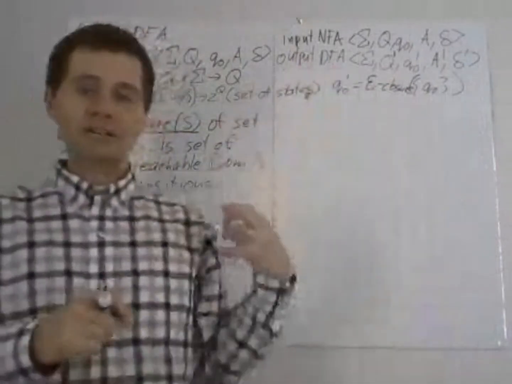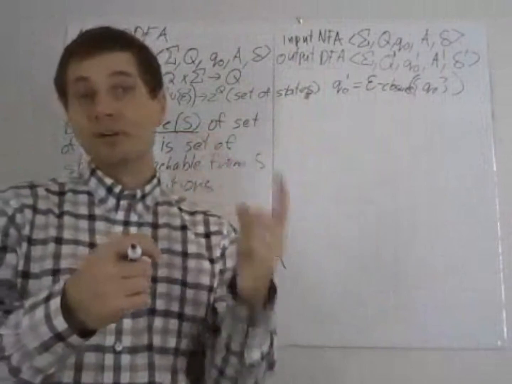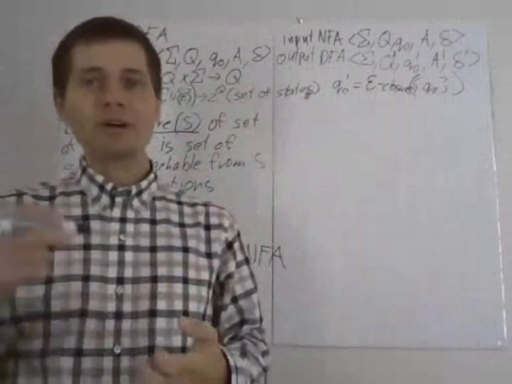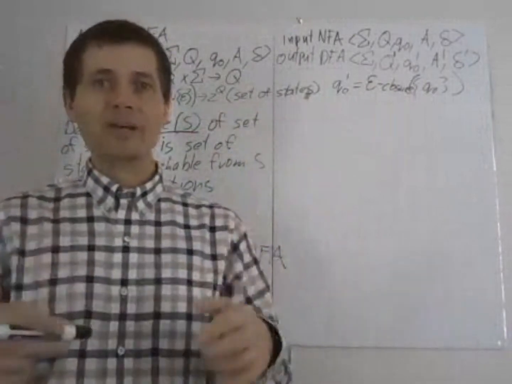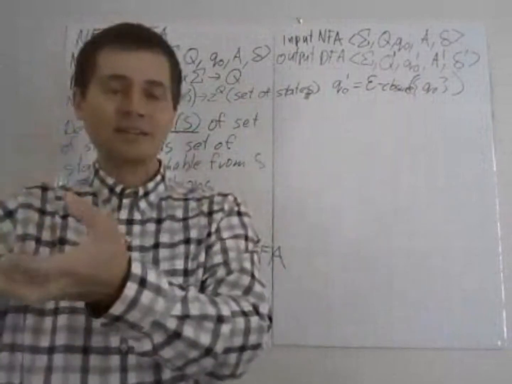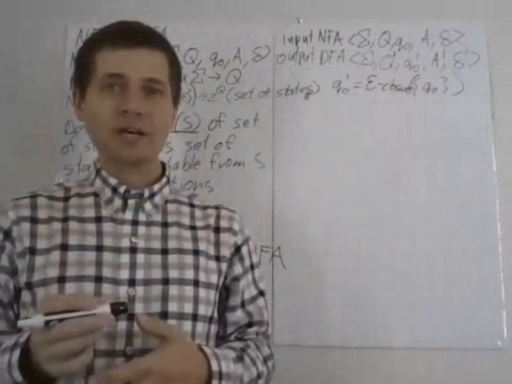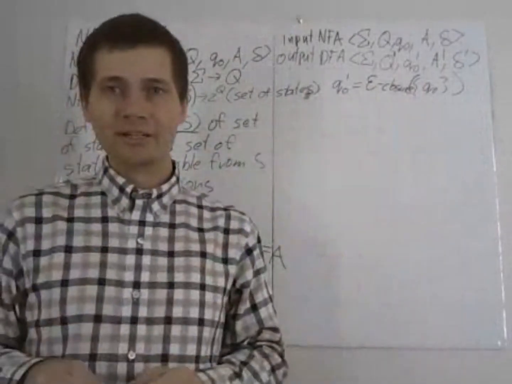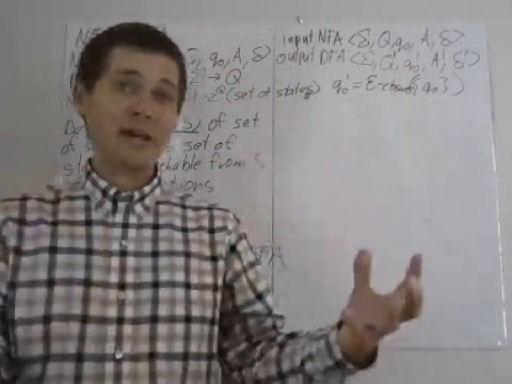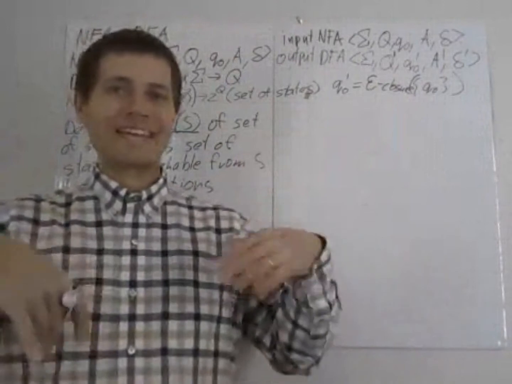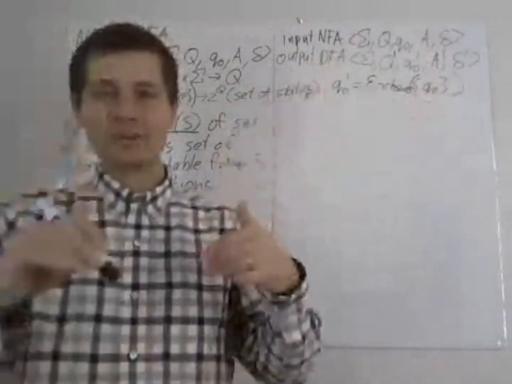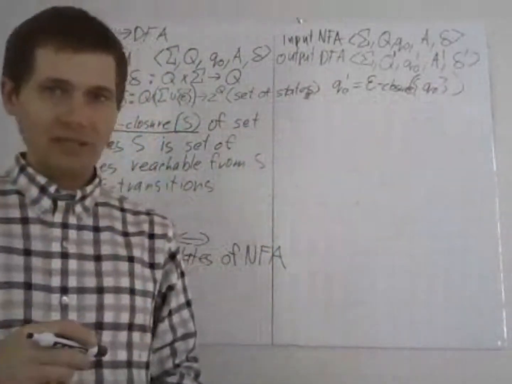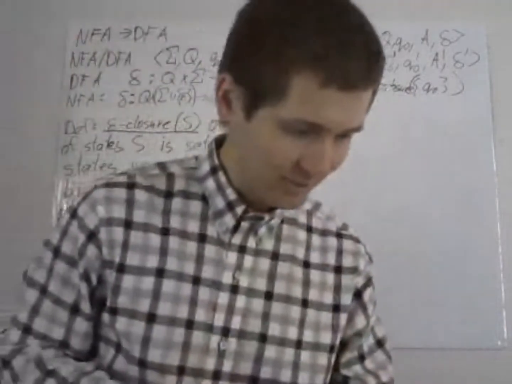So for the start state of my DFA, I'm going to use the start state of the NFA plus all the states in the NFA that I could reach by epsilons from the start state, right? Because those are all states that I could get to in the NFA without looking at any symbols of the input. And then the DFA start state is where I am when I haven't seen any symbols of the input. Okay, so I said earlier, in our conversion of the NFA to a DFA, we're going to use the epsilon closure whenever we have a set. So this is an example of doing that. So ask questions if there's questions here.